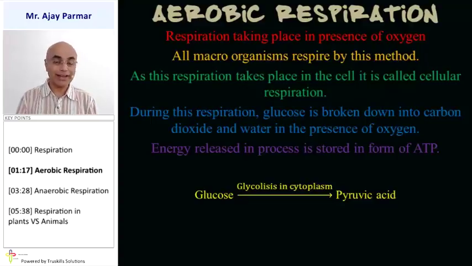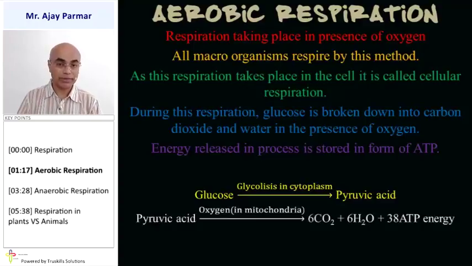This is known as glycolysis, and it takes place inside the cytoplasm. Then the pyruvic acid will be broken down into carbon dioxide, water in the form of water vapor, and a large amount of ATP in the form of energy will be released. All this takes place inside mitochondria. Oxygen is necessary for this process.